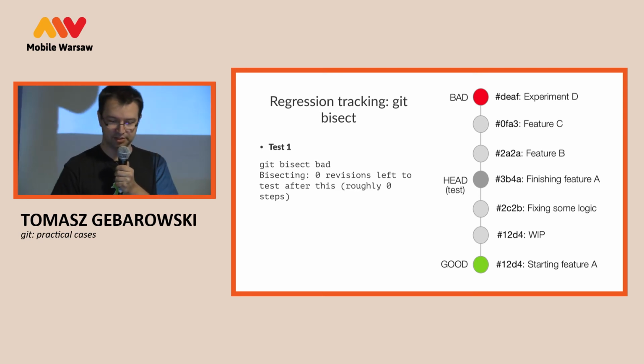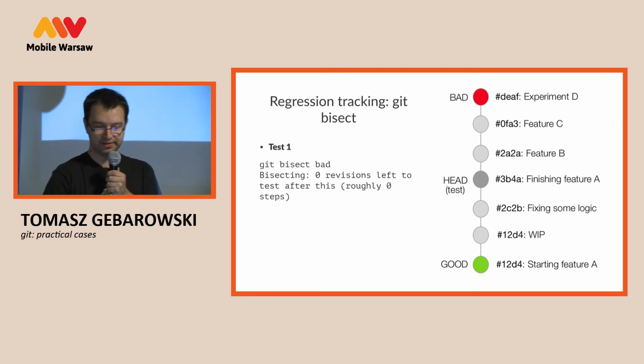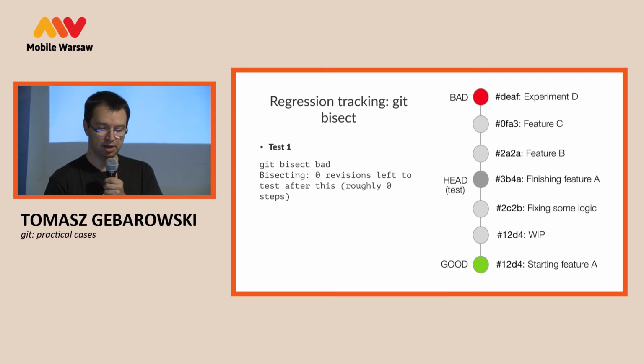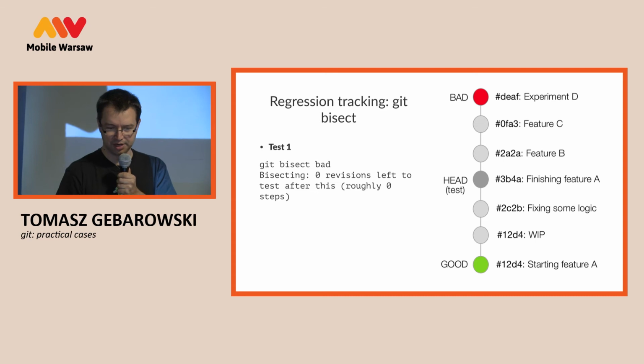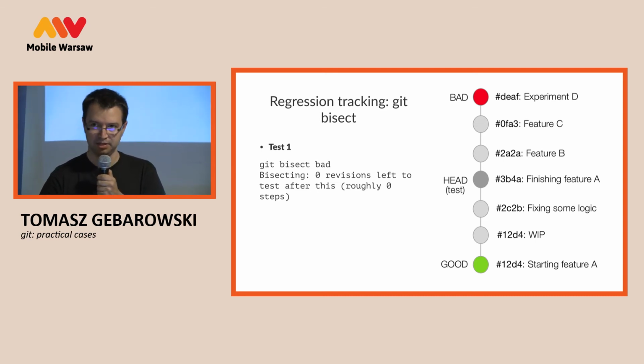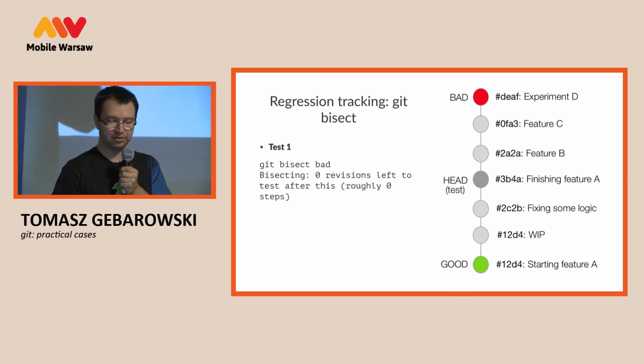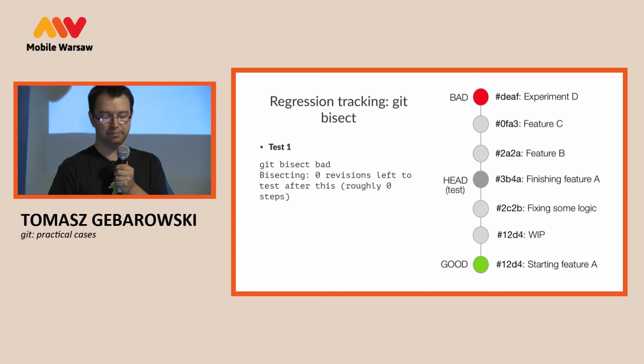Let us assume that the commit and the head changes. Yes, the head pointer changes every iteration. Let us assume that we are testing something in the middle of the Git history, and we have some kind of test, and the result is bad.